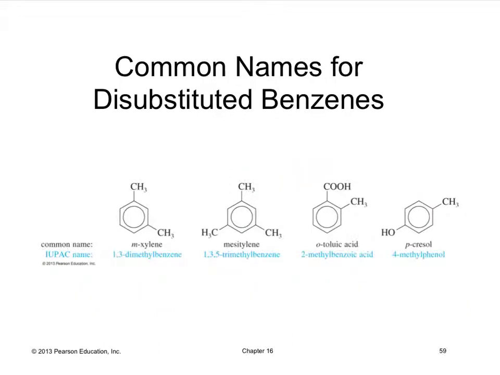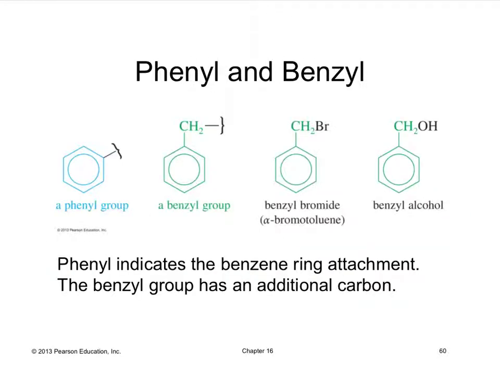Common names for disubstituted benzenes are shown here. This is meta-xylene. This is mesitylene, ortho-toluic acid, and this is para-cresol. Phenyl and methylbenzene. So this would be a phenyl group, right? It's when the benzene ring is directly attached.